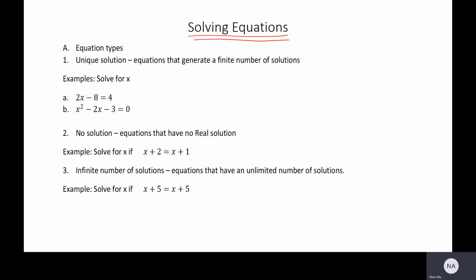So firstly, in the solution of equations, here are examples of our equations: 2x minus 8 equal to 4, x squared minus 2x minus 3 equal to 0, and so on, with the variable x.